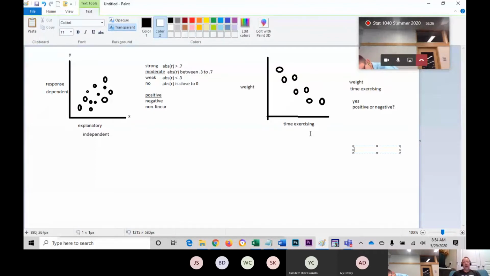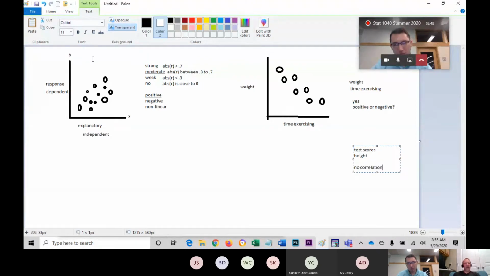Okay, so how about a person's test scores and their height? Would you expect those to be correlated? No. Okay. So in this case, you would expect there would be no correlation.